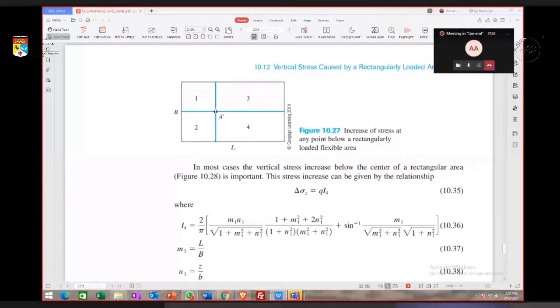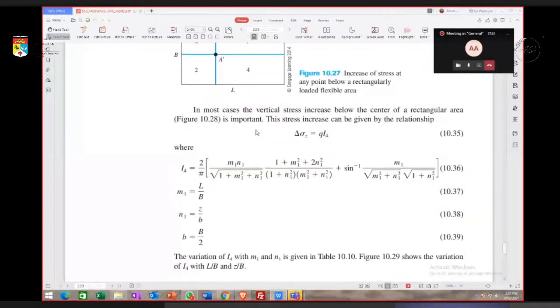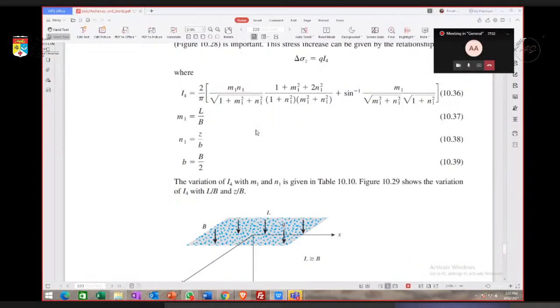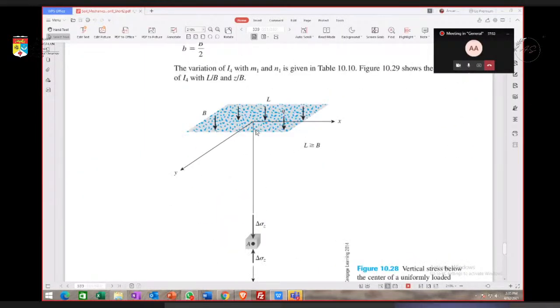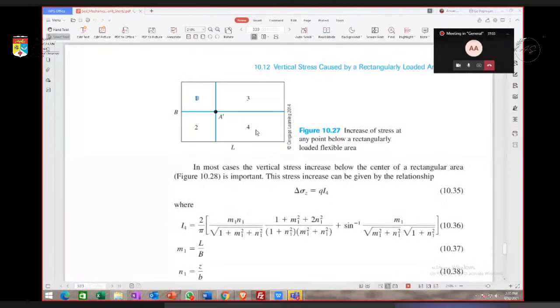So we have 4 parts of loading. Then we need to calculate each one: area 1, area 2, area 3, and area 4. Then we add up, so we can get the right increase in vertical stress for the whole area here.